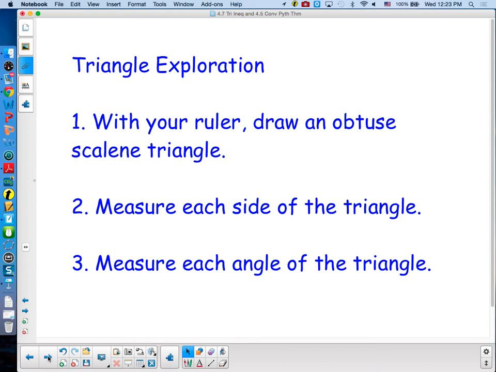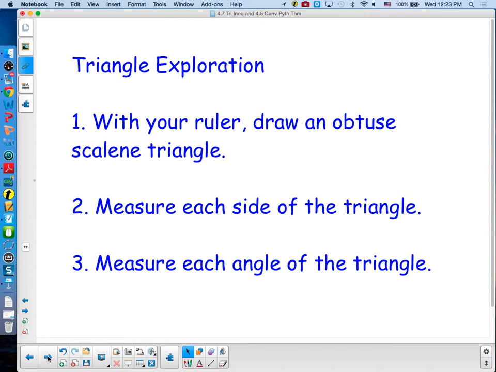Measure the angles also. Then it says measure each angle of the triangle.